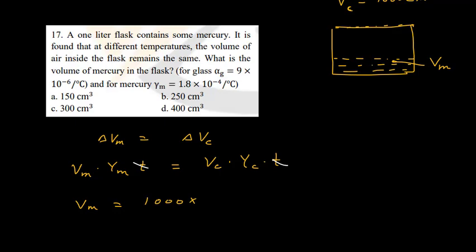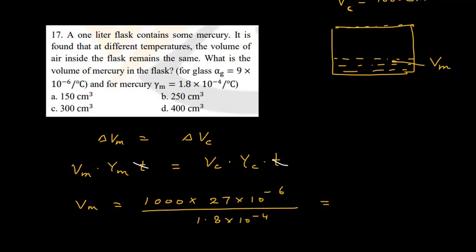Okay, here alpha G is given, alpha of glass is given, container is given, that is 9. So if I talk about gamma, gamma will be 3 times of alpha. So 9 3 is 27. We can say that this is 27 into 10 power minus 6. Vc into gamma C divided by gamma m. So for mercury it is 1.8 into 10 power minus 4.